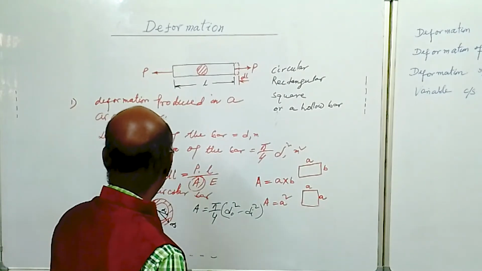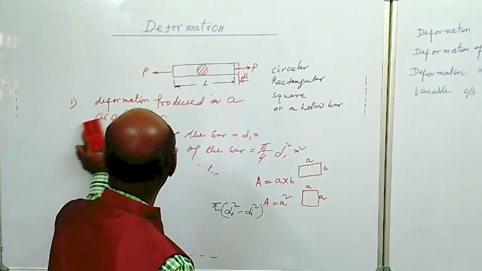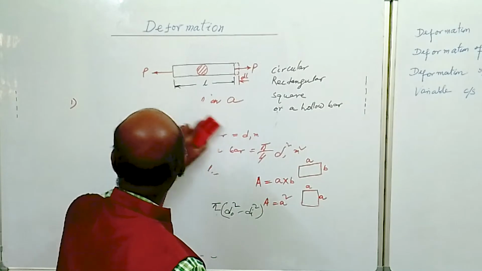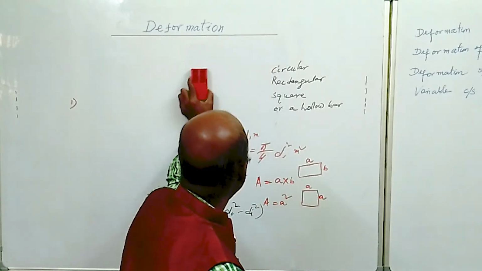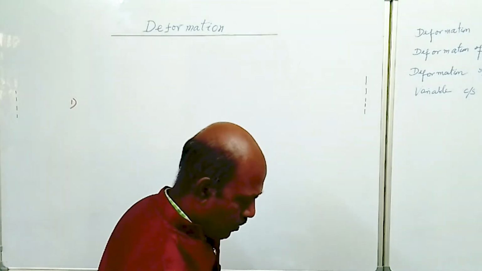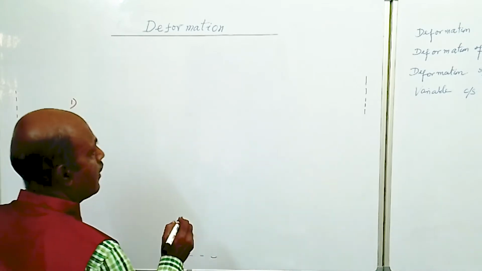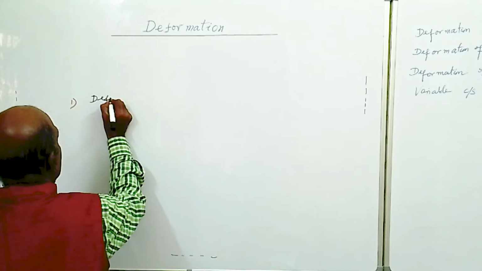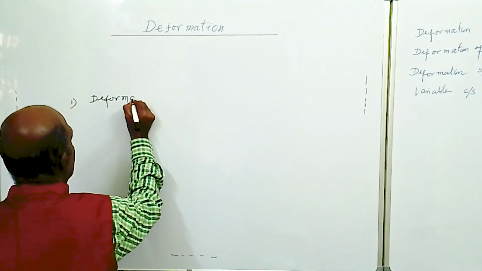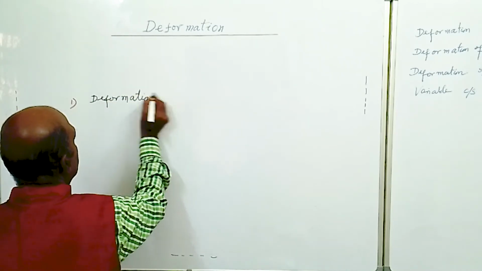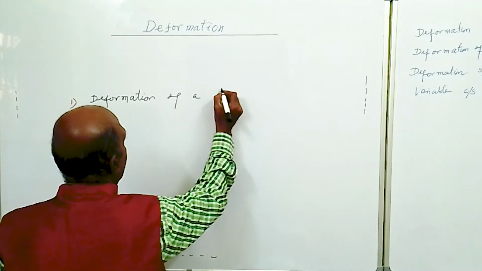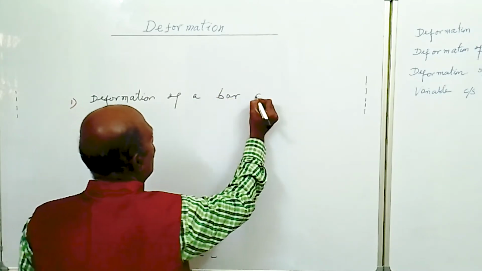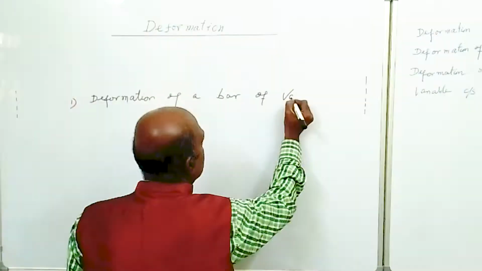Now we will go to the second case. Let the bar be a variable cross section bar. Deformation of a bar of variable cross section.